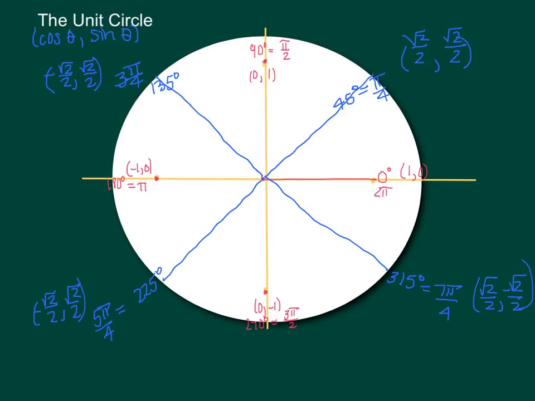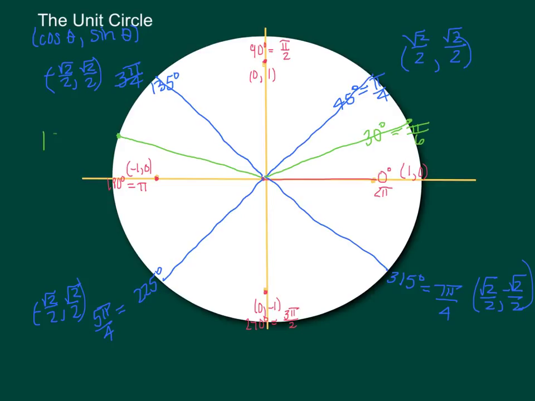Okay? And then we have our next coordinate. I'm going to go right between 0 and 45. And that'll be my 30 degree, which is my pi over 6. And I'm just going to go here and reflect it.